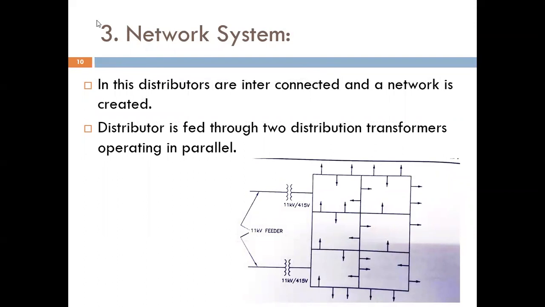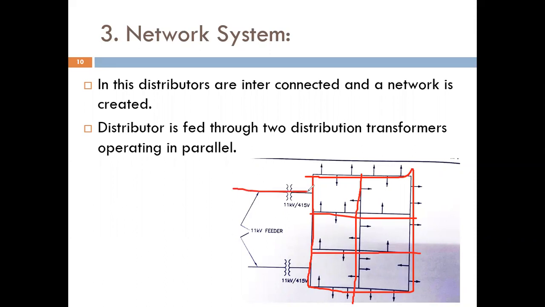And now the third is the network system. This is very important in the present time. This type of system is used for distributing single phase supply to nearby societies, tenements and consumers. In this system, all the distributors are interconnected and a network is created. The distributor is fed through two distributor transformers. When I draw this red line, it is called a distributor, and all distributors are connected to each other without any circuit breaker or switch.